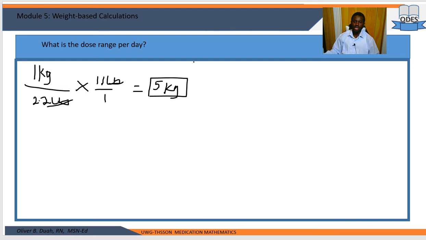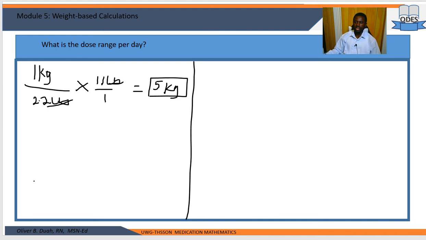Now that we know the weight, we can calculate the safe dose range by multiplying this by the range that has been given to us. So what was the range that was given?